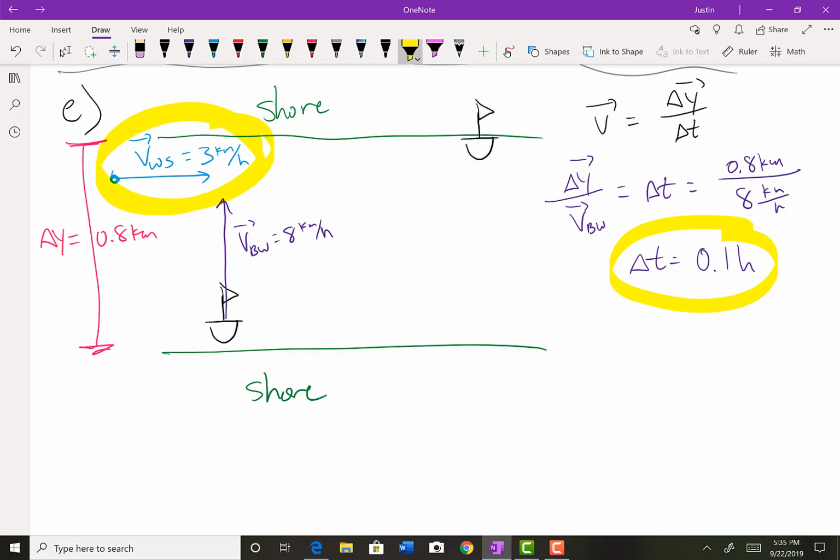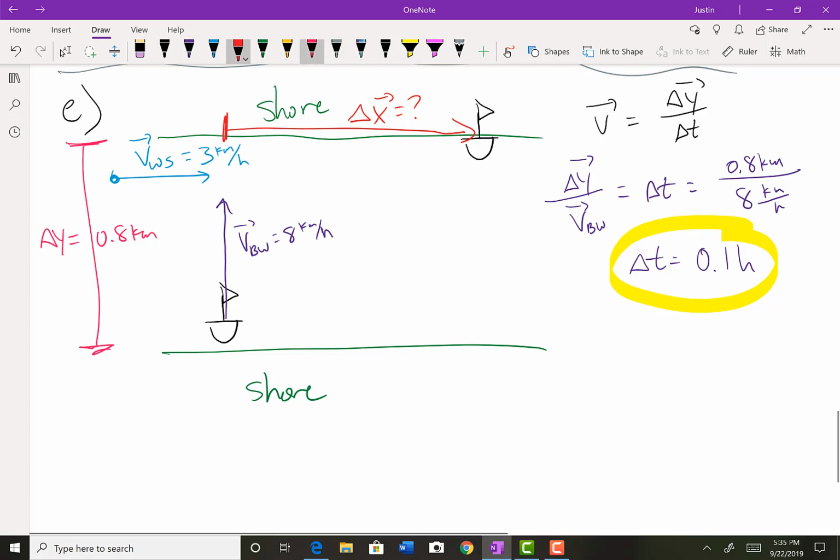Because the water is pushing it to the right, it's going to travel in the path that I just showed you. So the question is, from here to here, how far did the boat travel in the x direction? So it's a good thing I used delta y then in this case, because hopefully that doesn't get you confused with the amount that it travels in the x direction.